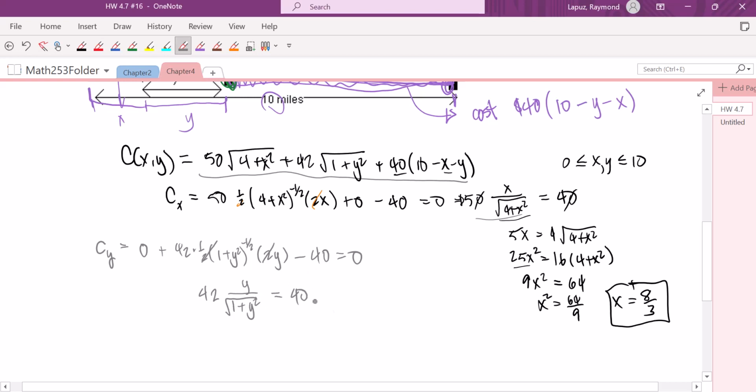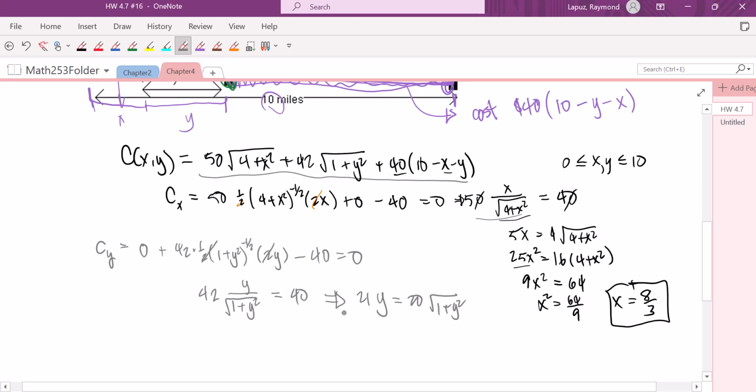I think we can take out a 2, so this will be 21y is equal to, take out a 2 there, this would be 20, and then we'll multiply by the square root of 1 plus y squared to both sides.